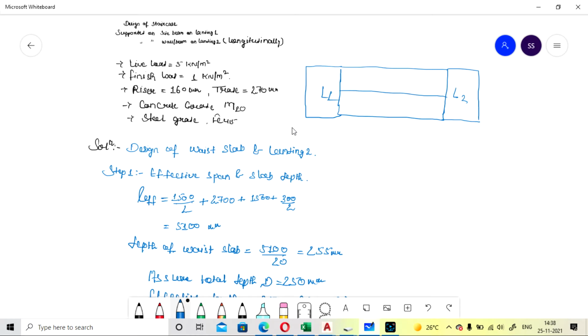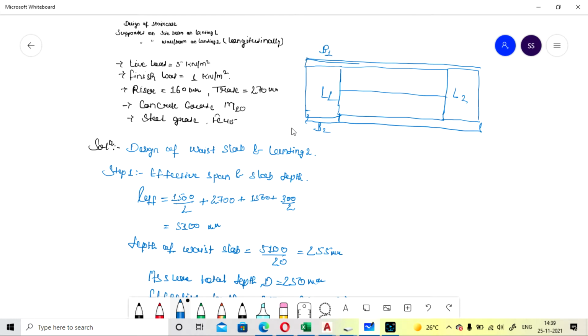Okay, now this flight is supported on the floor beam here. So this beam is B2, and similarly here it is B1.